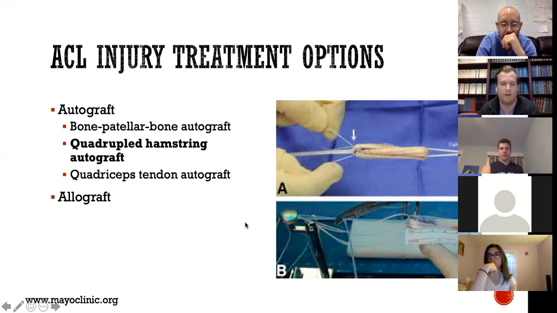So at the femur, you need to have the ACL graft go through the lateral femoral condyle, be suspended by sutures out to a cortical button on the lateral side of the femur.